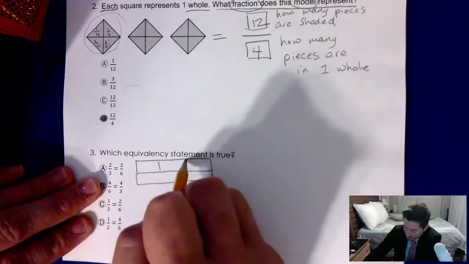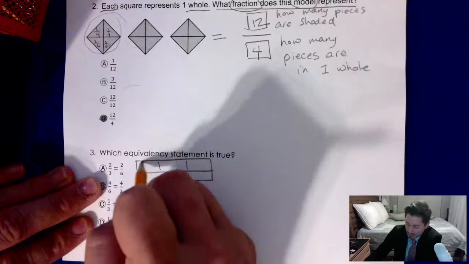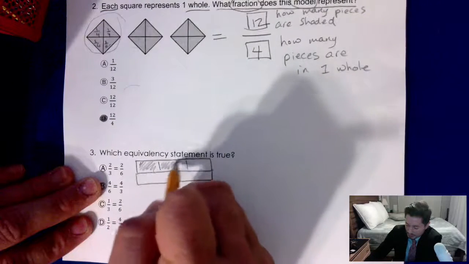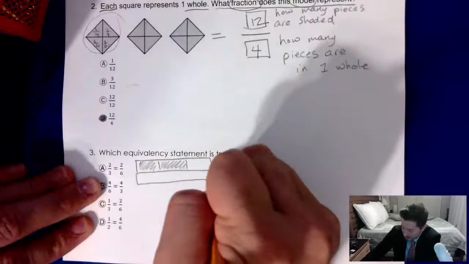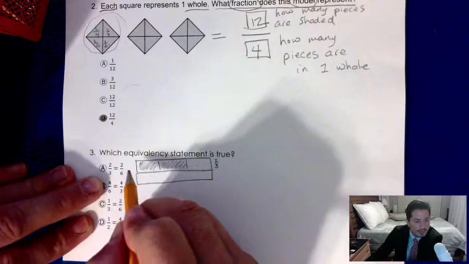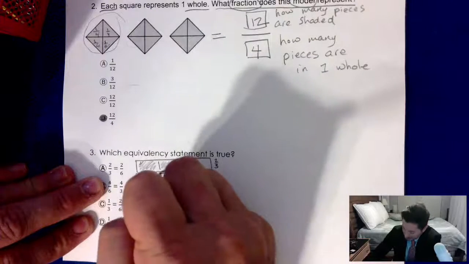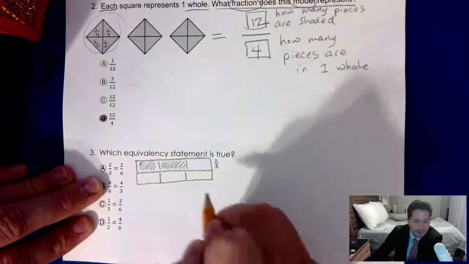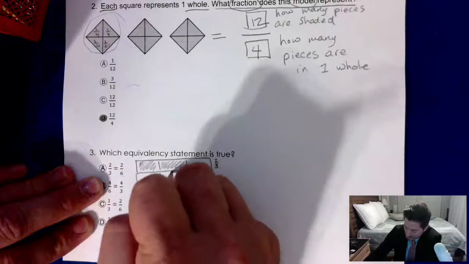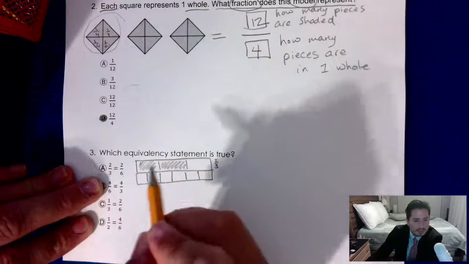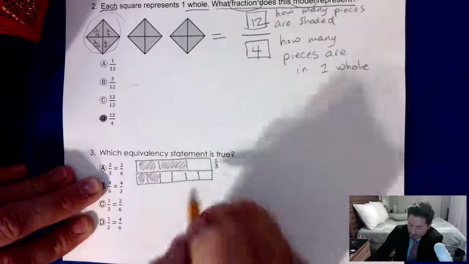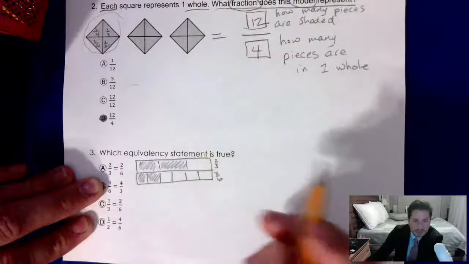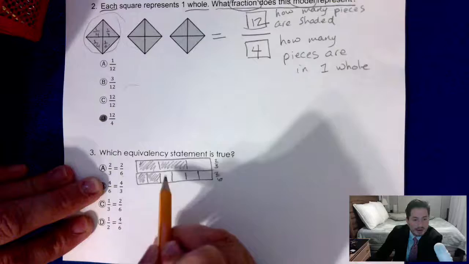Split this one into 3 pieces. 1, 2/3. That's the top one. The bottom one, I'm going to make it 2/6. Split it up into thirds first, and then split it up into 6. And 2 pieces shaded again, but these pieces are a lot smaller. So I know they are not equal.